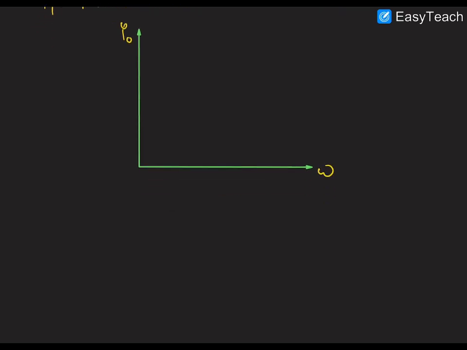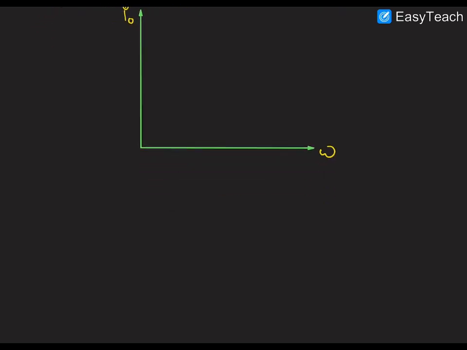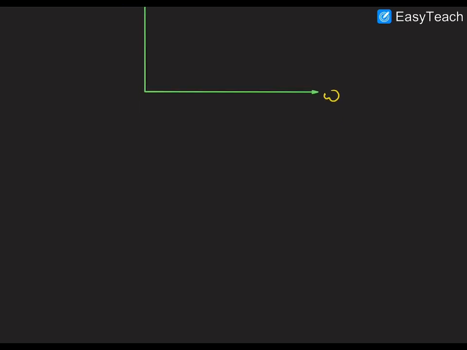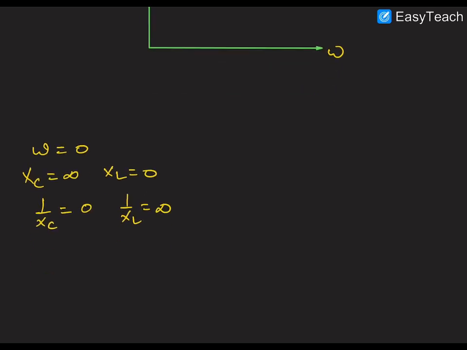If we start to discuss Z, and take omega as 0 initially, XC will be infinity and XL will be 0. 1 upon XC will be 0 and 1 upon XL will be infinity, and therefore Z will be infinity, and I naught therefore will be 0. So the curve will start from 0 comma 0, as at omega 0, I naught is also 0.